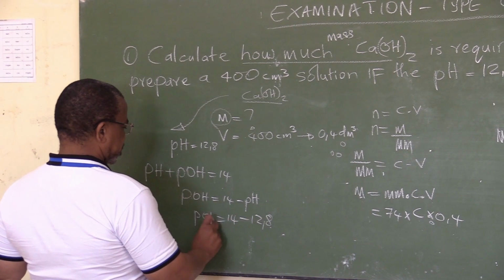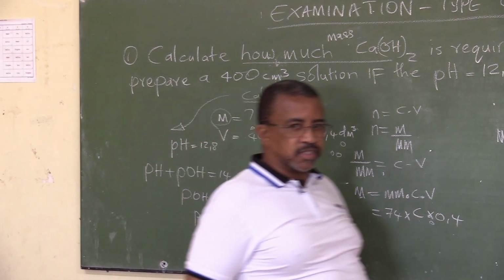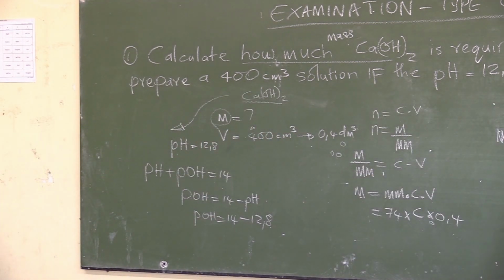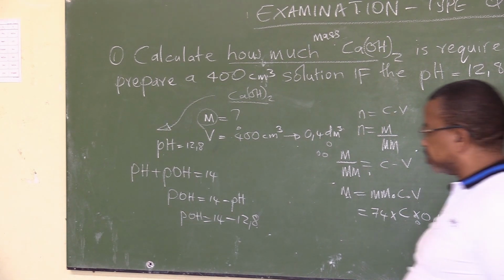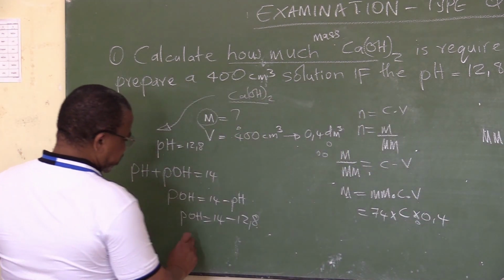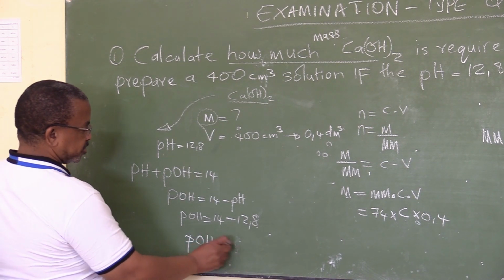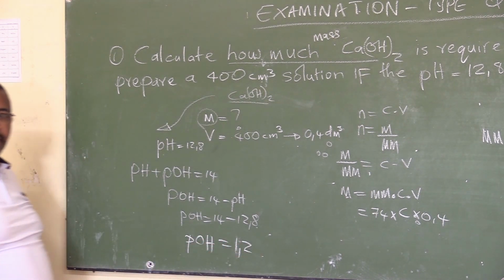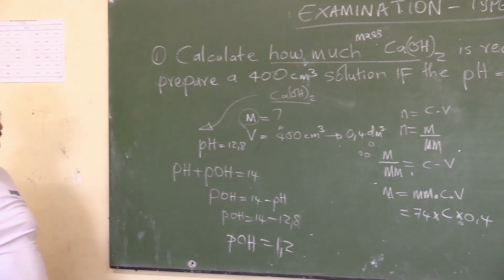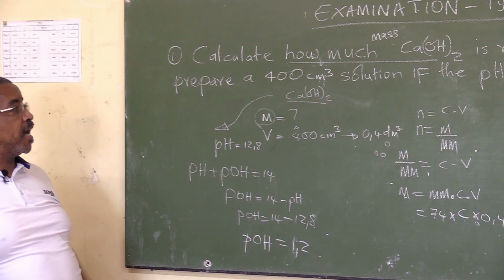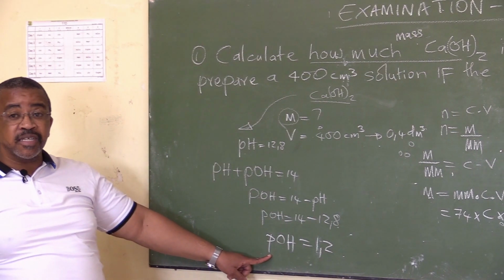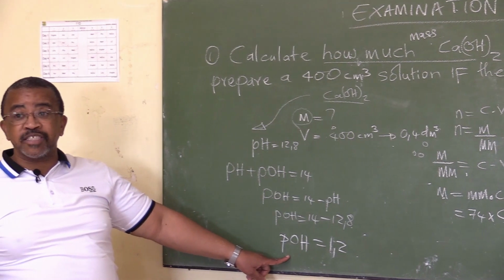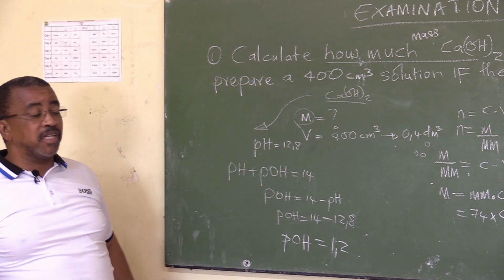That is your pOH. 14 minus 12.8 is 1.2. So pOH is 1.2. Now I can find the concentration of OH minus, and then the concentration of calcium hydroxide.